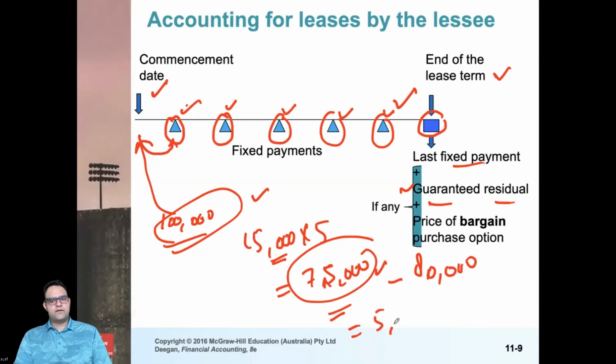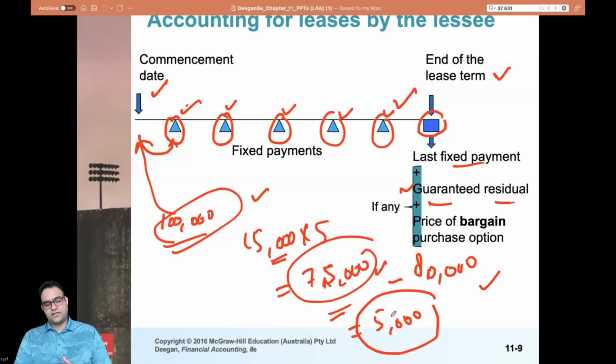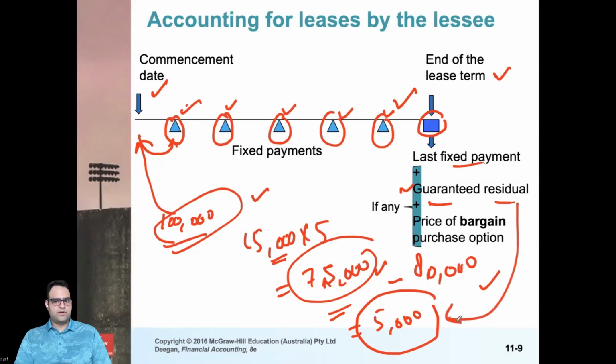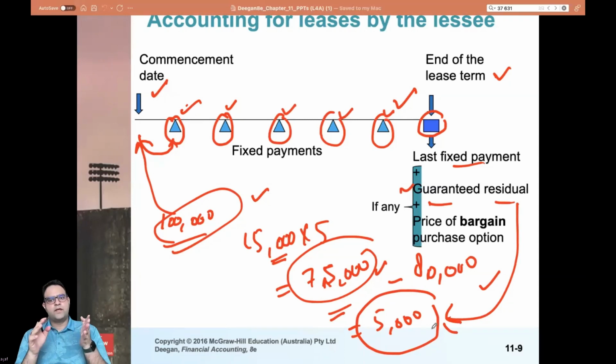The difference between 75,000, which has been paid as installments, and the fair market value of the asset by the end of the lease period, 80,000, is what you have to guarantee as the residual payment. So if there is a difference between the fair market value and the installments paid, it is guaranteed that the remaining amount will be paid, which is the residual.